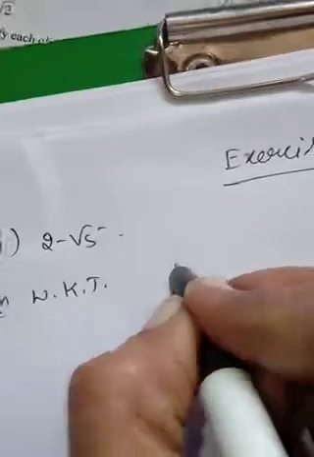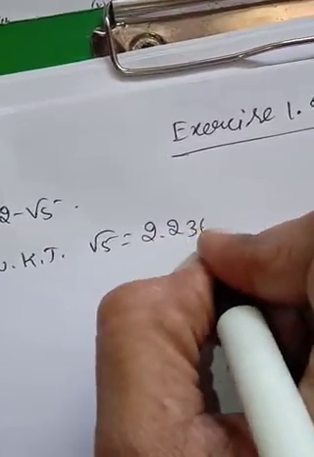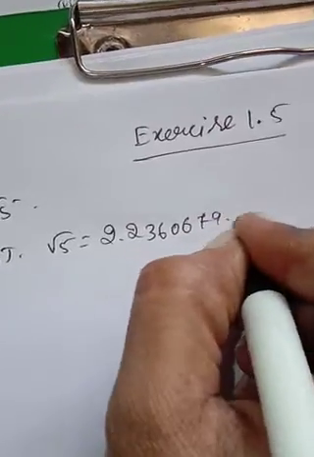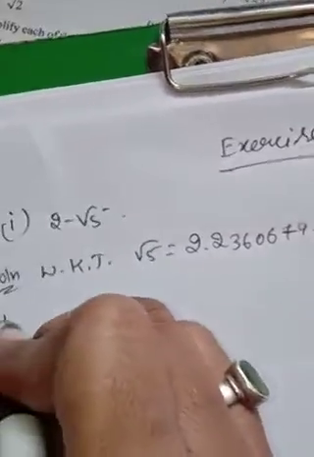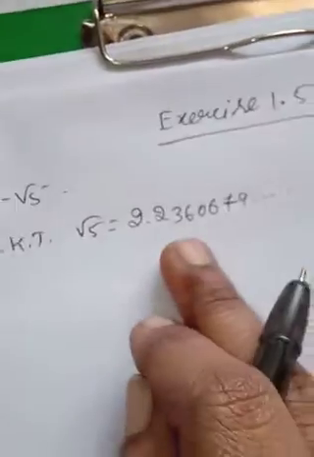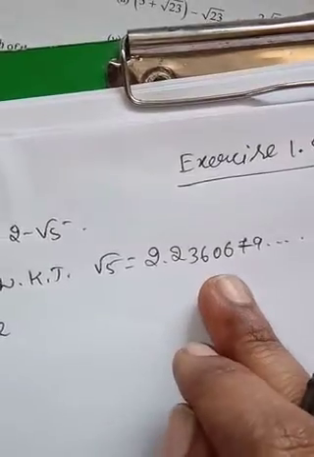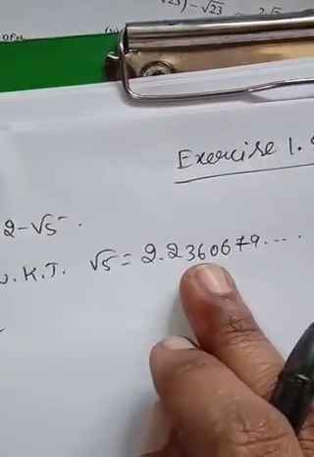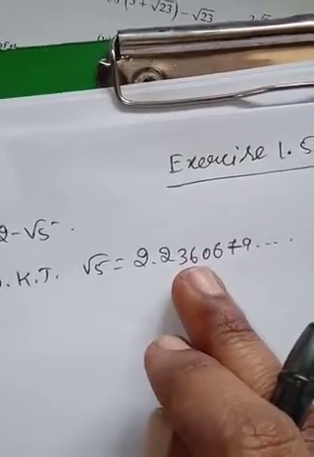We know that the value of root 5 is 2.2360679. It goes on, it never ends. And then here, by seeing this number, you come to know that this number is non-terminating and non-recurring, isn't it? I explained to you in my previous classes about the terminating and recurring values.